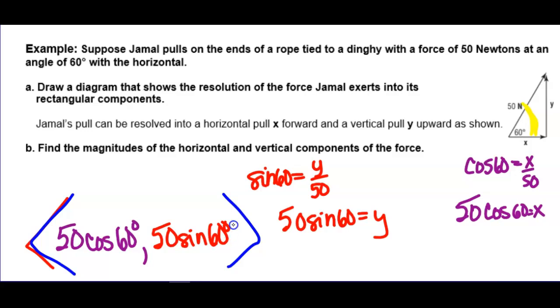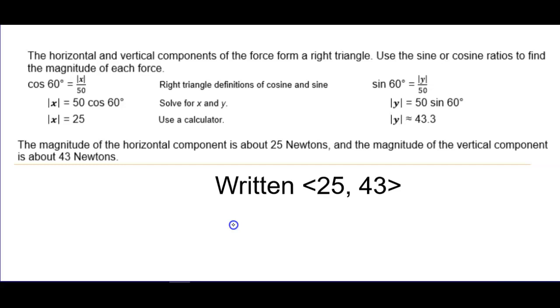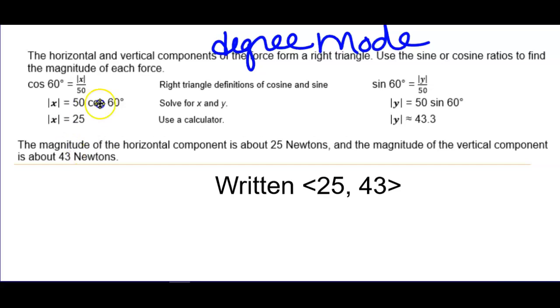Now, this one you could do as a decimal or exact. They just did as a decimal. So they just put their calculator in degree mode and typed in 50 cosine of 60. Cosine of 60 is a half, so that was 25. And then 50 sine of 60 was 43.3.